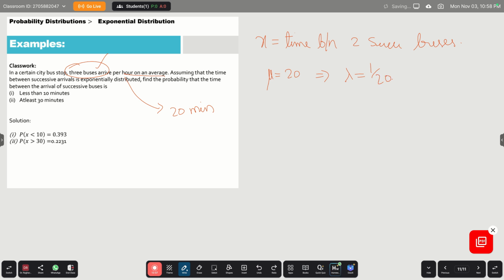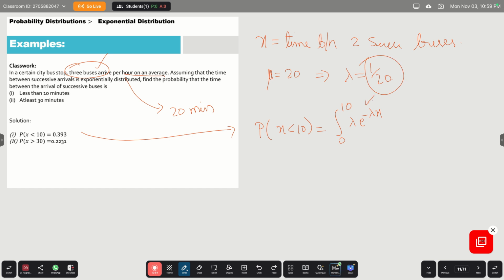So the rest you can do very easily. Probability of x less than 10 means you integrate from 0 to 10 lambda e power minus lambda x, and you can put the value of lambda as 1 by 20.